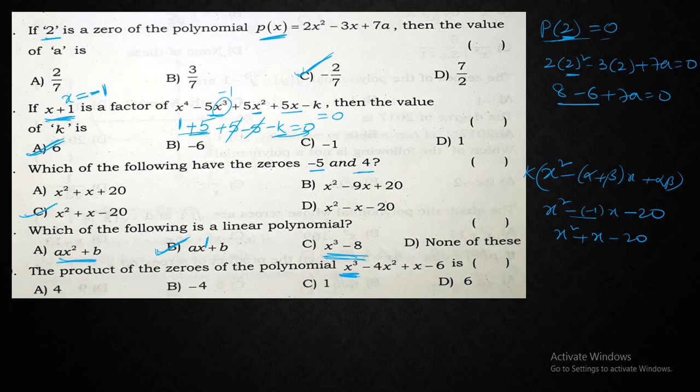So for a cubic polynomial it changes. It becomes minus constant by x cube coefficient. So which is nothing but minus of minus 6 divided by x cube coefficient, which is 1. So minus of minus 6 is plus 6. So the answer is plus 6.